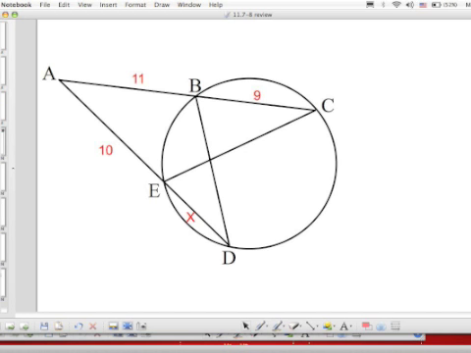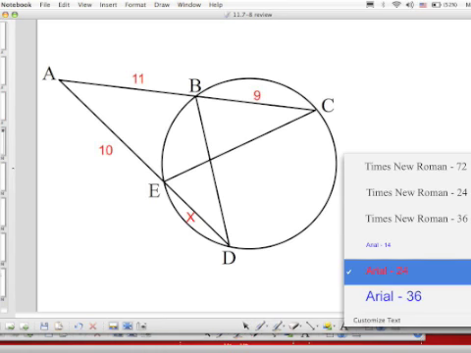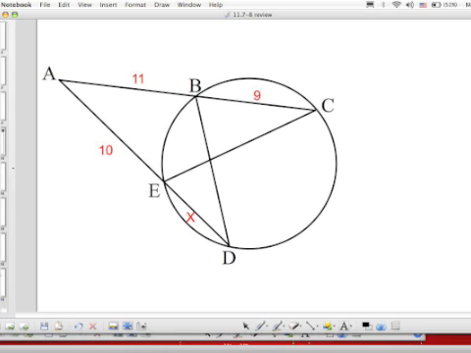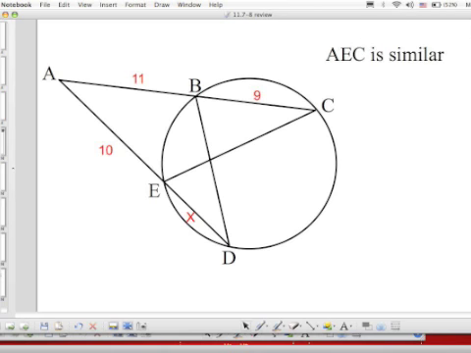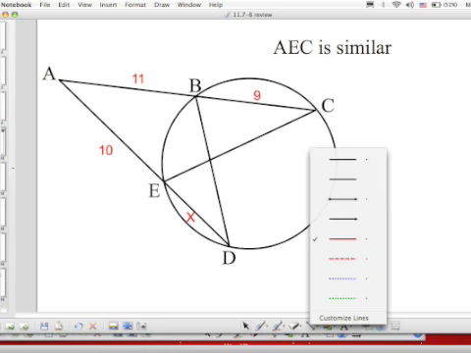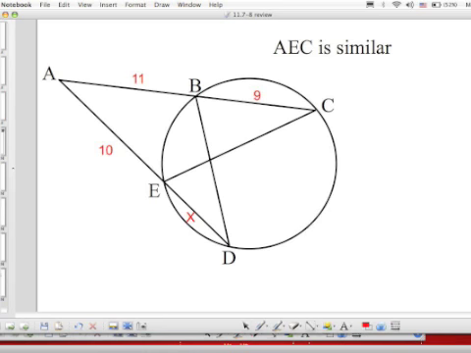Okay. I liked this question also. Same as the last. We need to identify two similar triangles. And we're going to be looking at the large triangles. So if we start with triangle AEC and say it is similar to another triangle, we've got to identify angles that are equal.